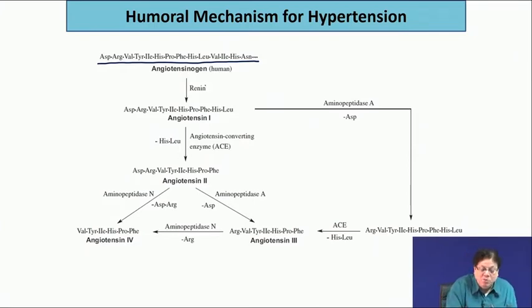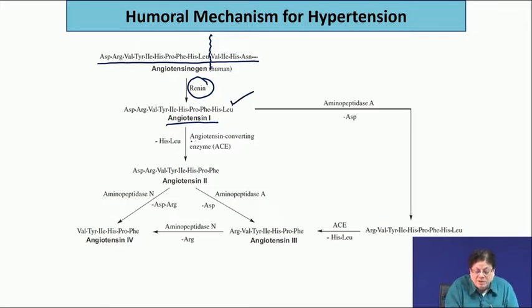So, when renin works, the first enzyme is renin, angiotensinogen is converted into angiotensin 1, which is a decapeptide, that means 1, 2, 3, 4, 5, 6, 7, 8, 9, 10. This renin actually cleaves the bond between leucine and valine and forms this decapeptide called angiotensin 1.